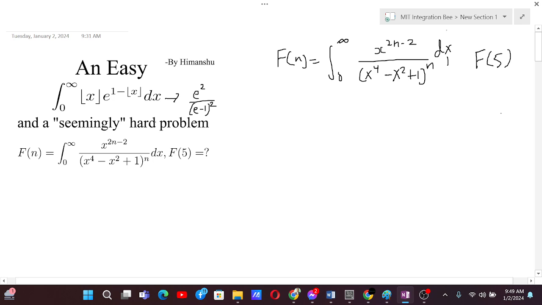Basically let us replace n by 5 first, and then the integral from 0 to infinity of x to the power 8 by (x to the power 4 minus x square plus 1) to the power 5 dx.